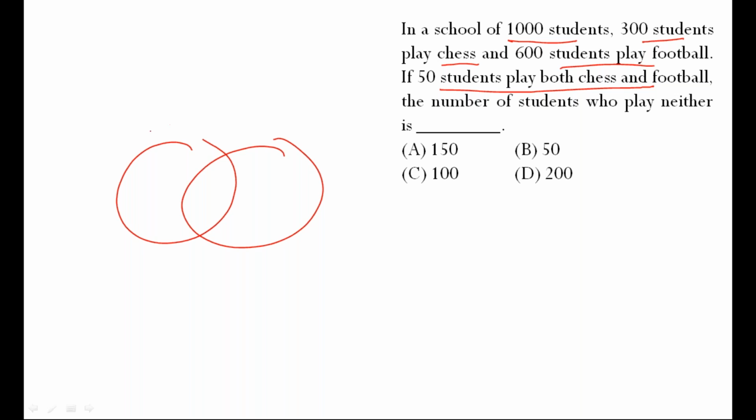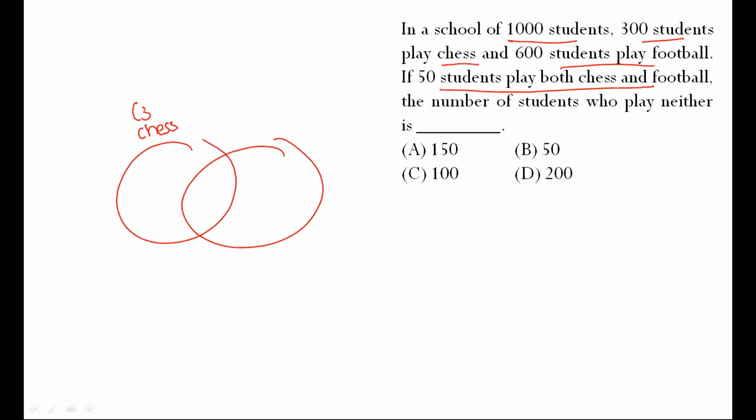Now, friends, see this. In a school of 1,000 students, 300 students play chess, 600 students play football, and 50 students play both chess and football. We have 1,000 students in total.